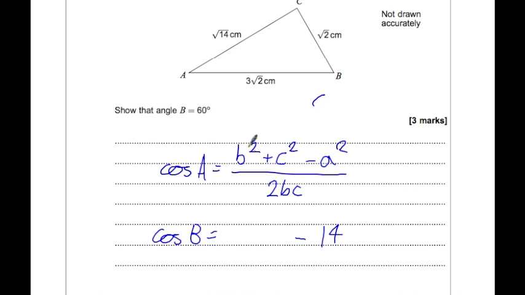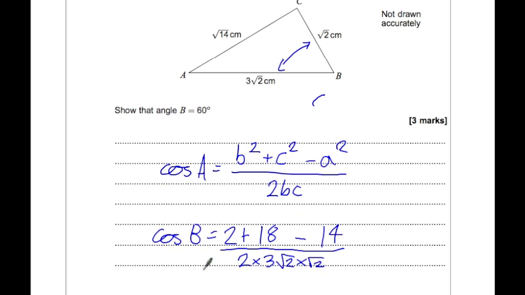So our b and c are actually just going to be our other two sides. So this is going to be b squared. So let's say that's this side. So root 2 squared is 2, plus this side squared. So 3 root 2 squared is 9 times 2, which is 18, all over 2bc. So 2 times 3 root 2 times root 2.